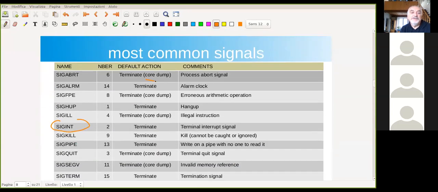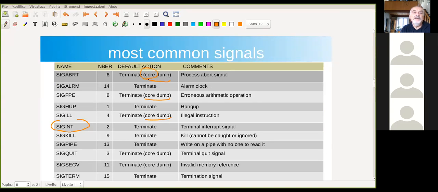Just an explanation. Core dump. The core dump is an important debugging activity in POSIX. That means that the process is terminated, but the whole memory of the process is saved into a file that is named core.